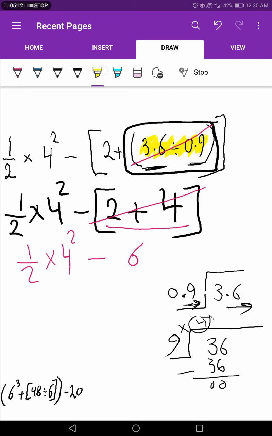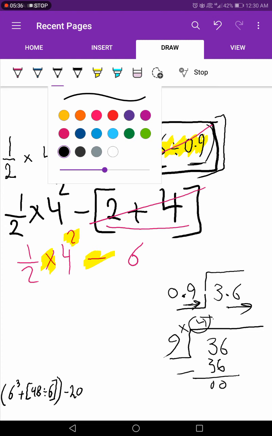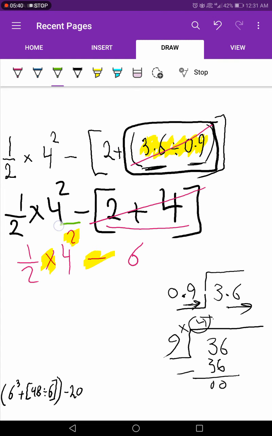Now I have how many operations? 1, 2, 3. And you know that the priority for the operation is to the power. Yes, parentheses, brackets, then power. So I have to execute the power here. Now I will do this.